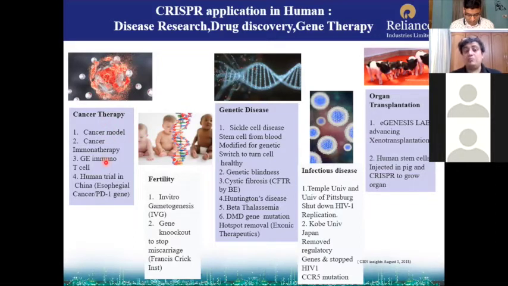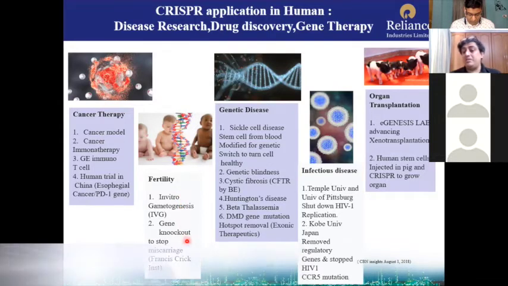For cancer immunotherapy, genome edited immune T cells can be made. And in human trial, already one such system is in human trial in China, esophageal cancer, where the PD-1 gene is modified to resist cancer. In fertility related research, in vitro gametogenesis, gene knockout to stop miscarriage.